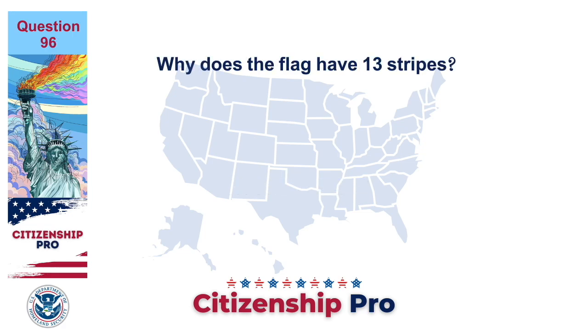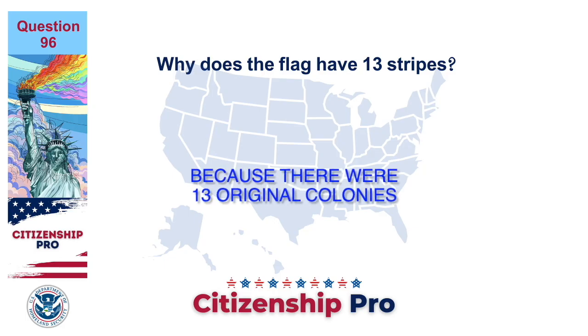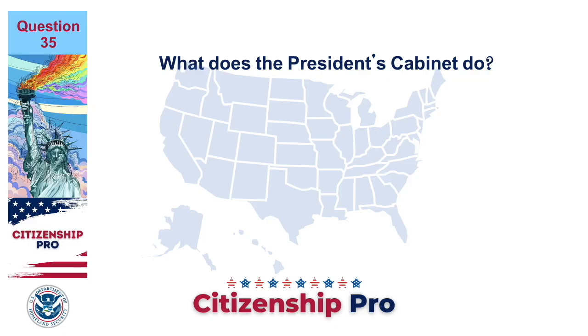Why does the flag have 13 stripes? Because there were 13 original colonies. What does the President's Cabinet do?